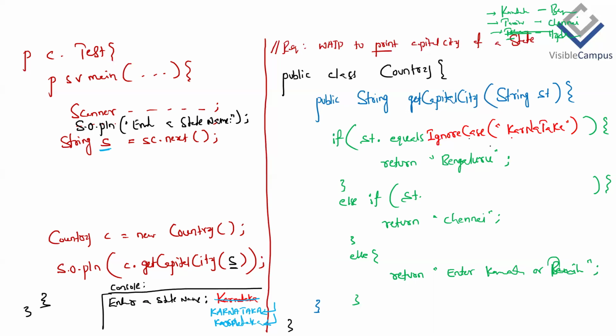Similarly, here also, we can write st dot equalsIgnoreCase, which is a method. Then here you can enter the state name of our choice in our own way. Only make sure that the spelling is right. That's all. Now with this scenario, the end user can enter all lowercase, all uppercase, one capital, one small.